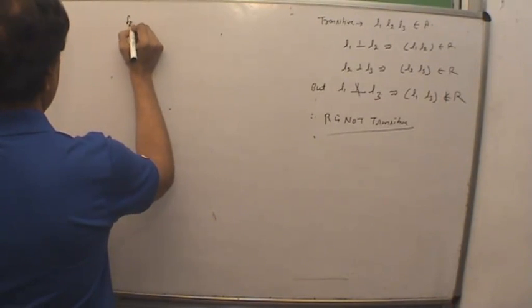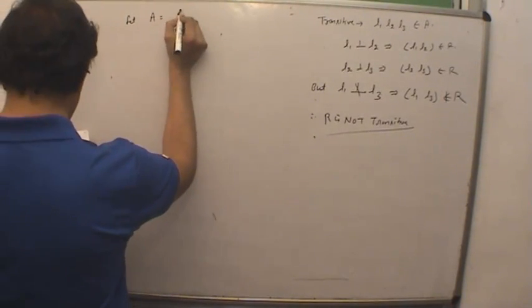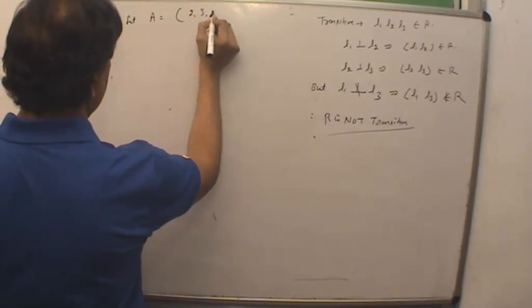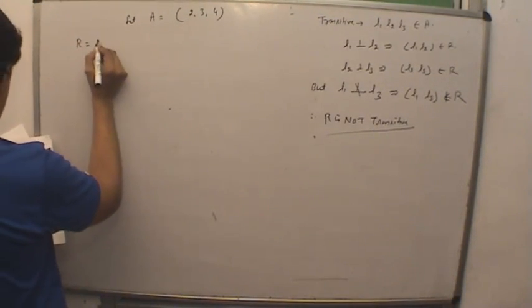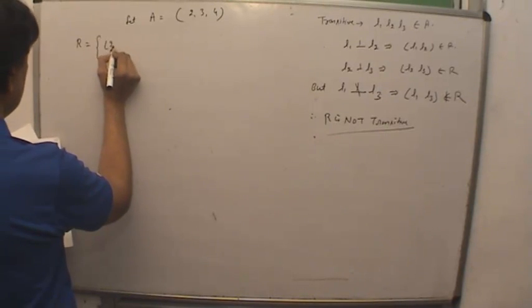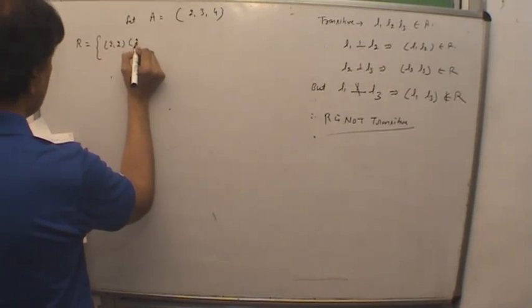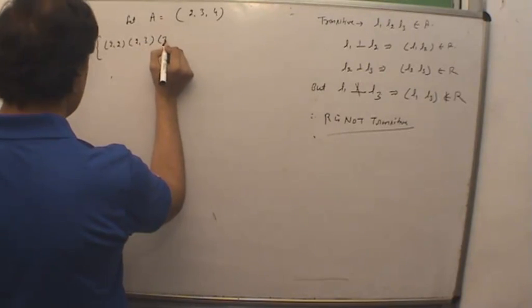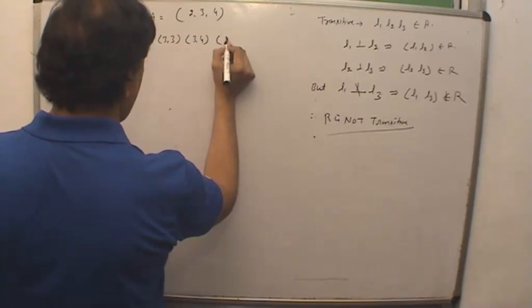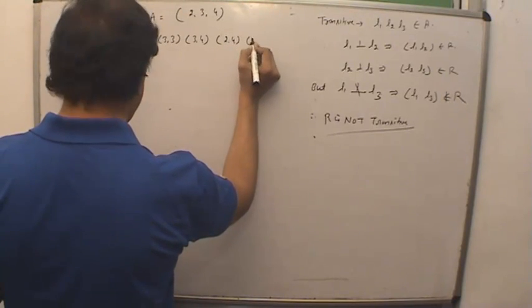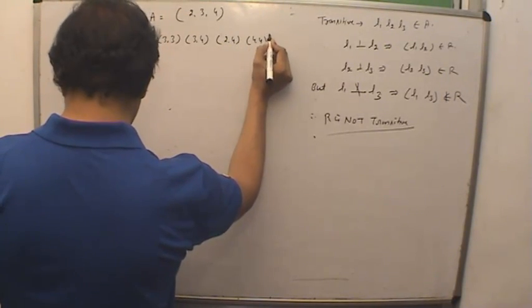Consider the set A = {2, 3, 4}, and here a relation is given. Say R = {(2, 3), (4, 2), (4, 4)}.